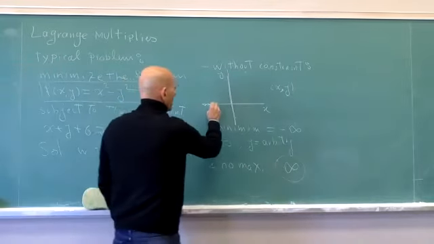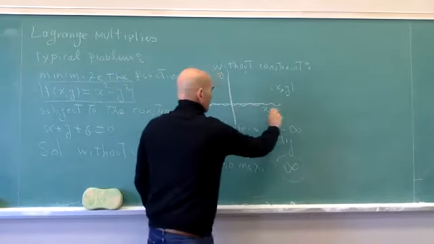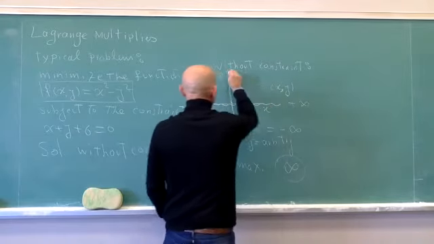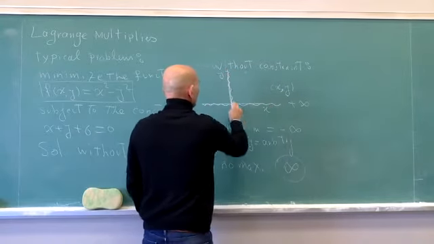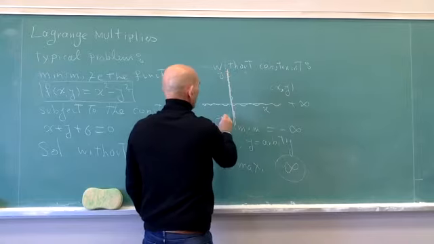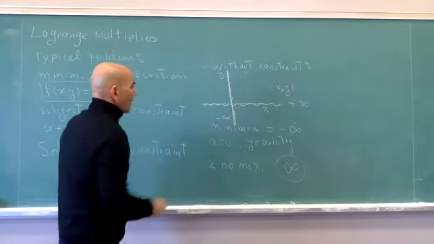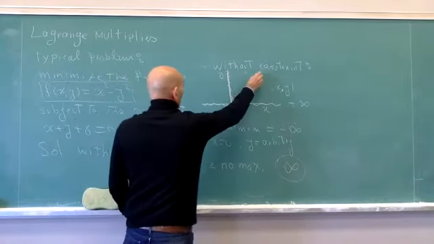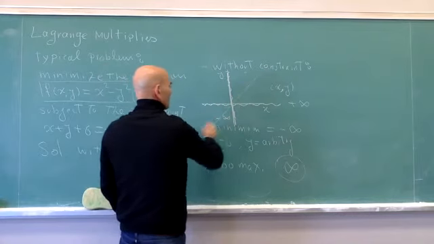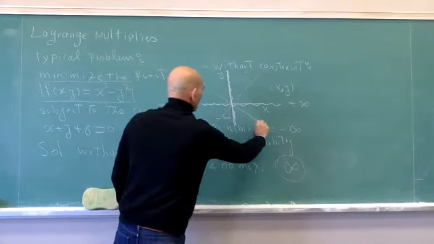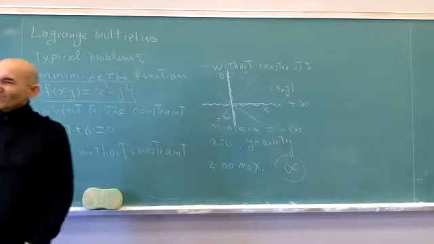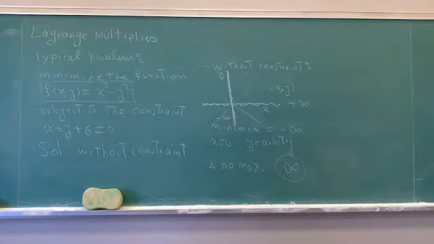On this line, the function goes to plus infinity. On this line, the function goes to minus infinity. And of course, on the line y equal to x, the function is just 0, and on these two lines it is also 0. But it doesn't matter. We just want to study max and min in this problem.